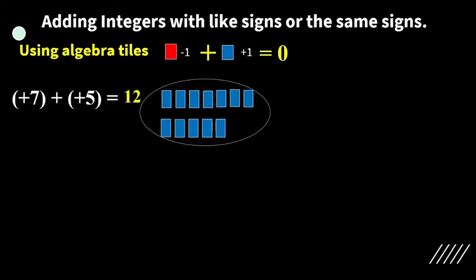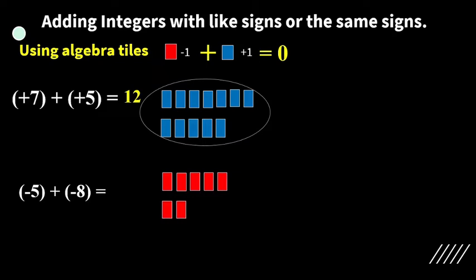Let's have another one. Negative 5 plus negative 8. Since we are adding negative integers, we will be using the red tiles to represent negative 5 and negative 8. Negative 5 is equal to 5 red tiles. And negative 8 is equal to 8 red tiles.